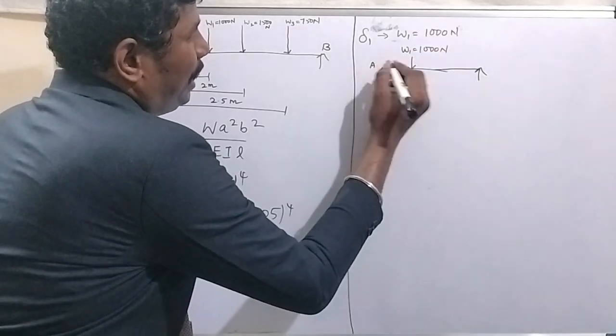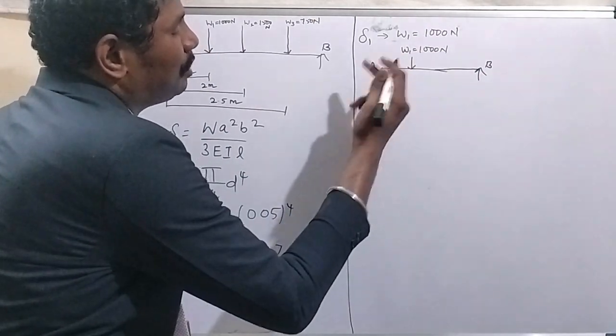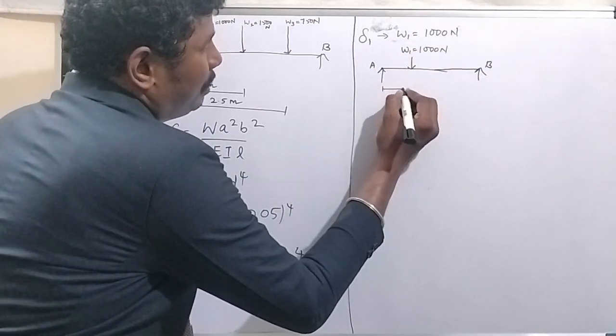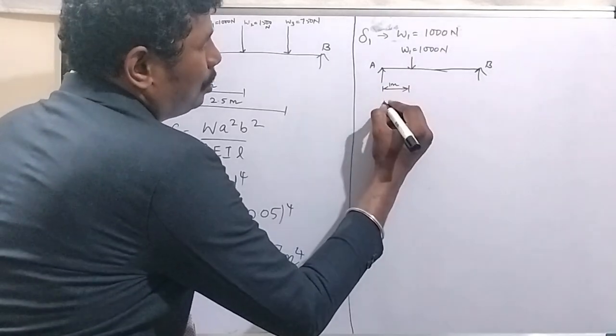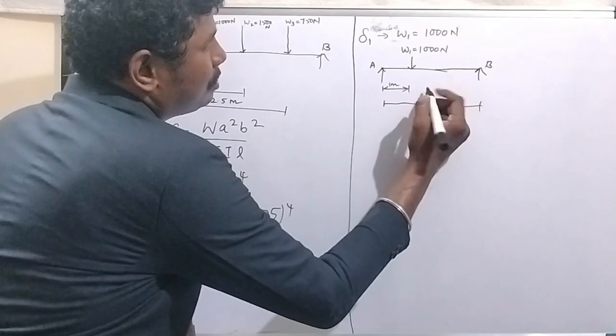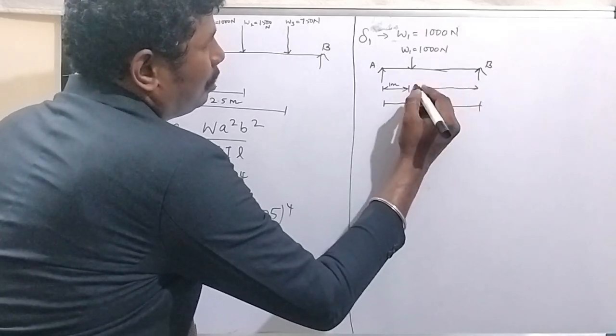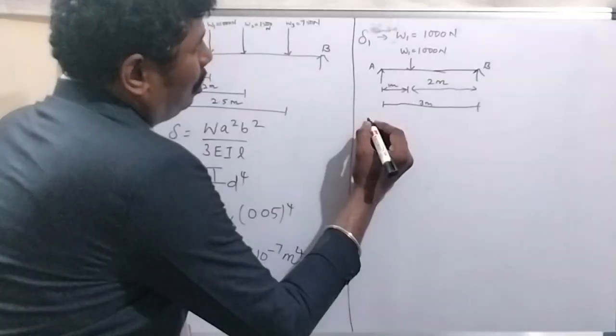So this is point A, this is point B, and the distance of the load from the left support is given as 1 meter. The total length of the shaft is 3 meter, so the remaining distance will be 2 meter.